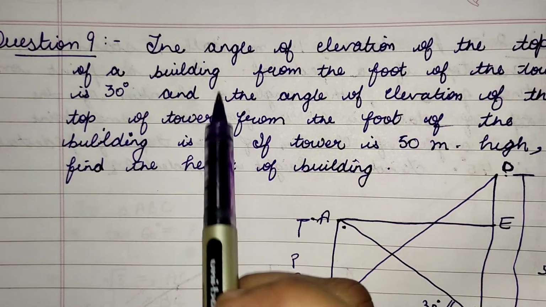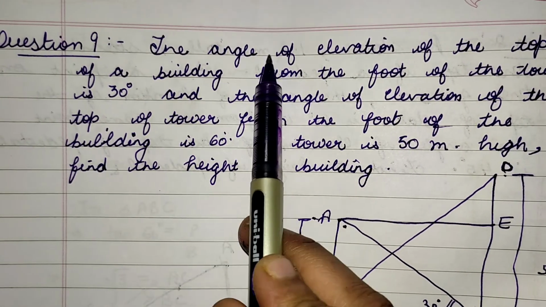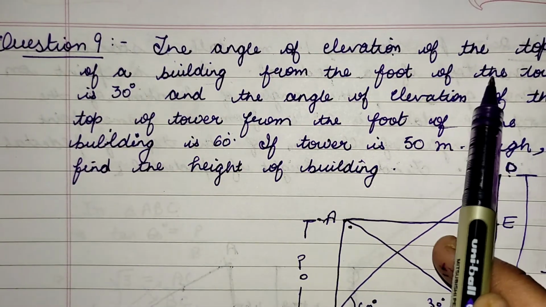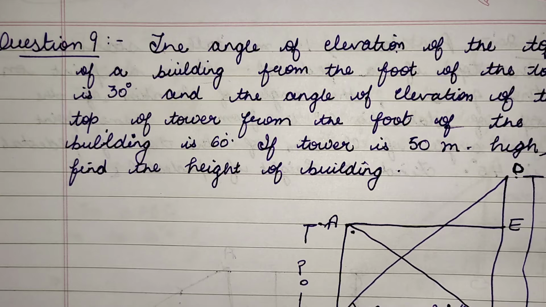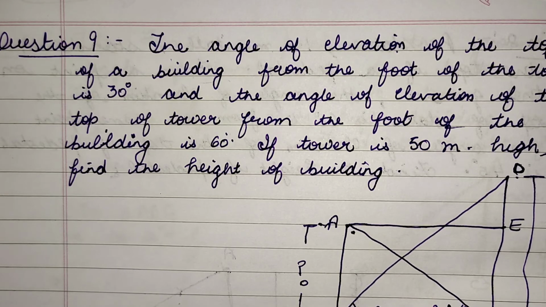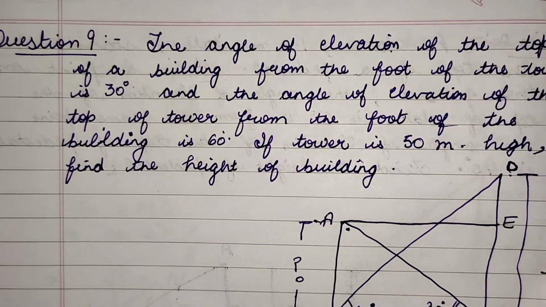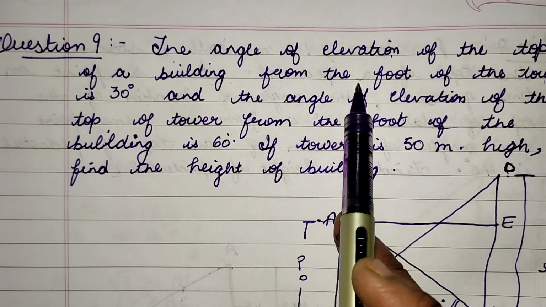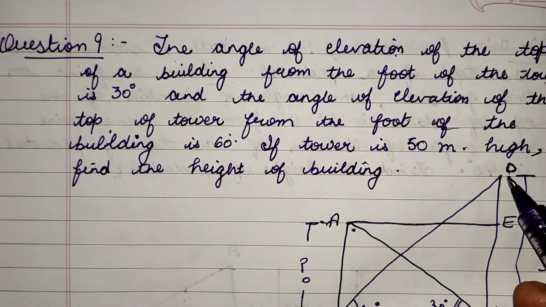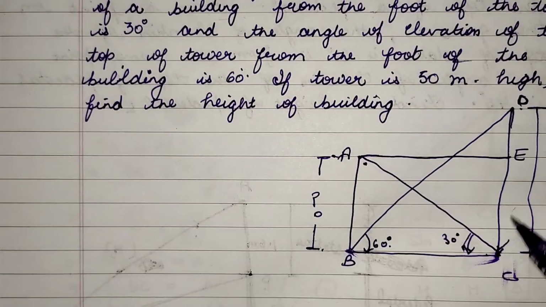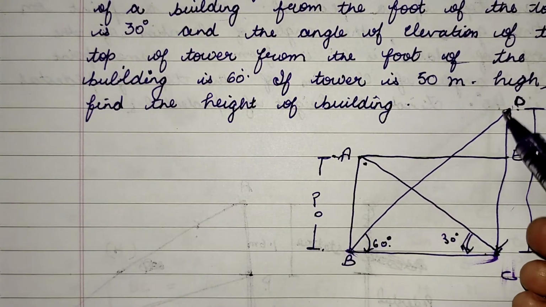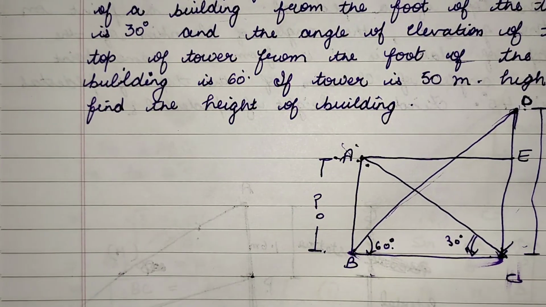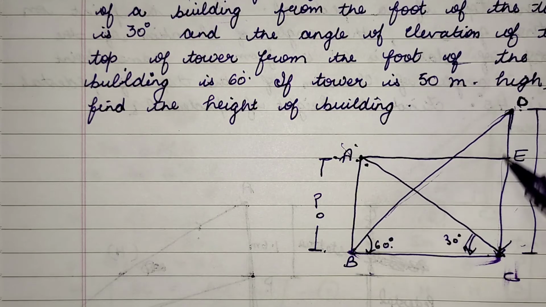In question number 9, what does it say? The angle of elevation of the top of a building from the foot of the tower. So two things are there, one building and one tower. Suppose this is my building and this is my tower DC.